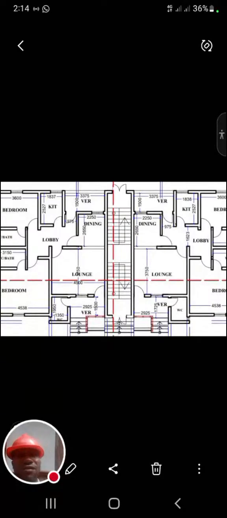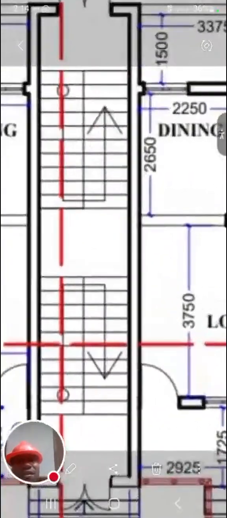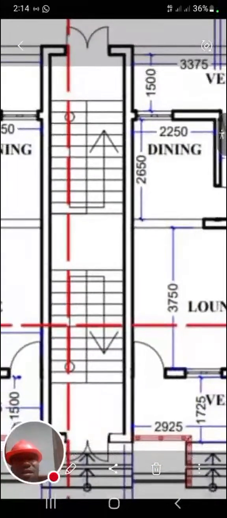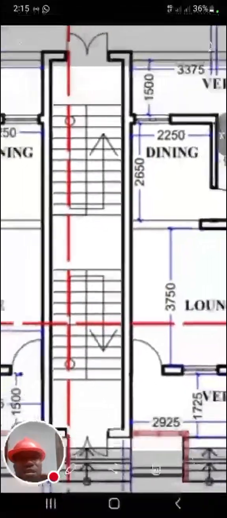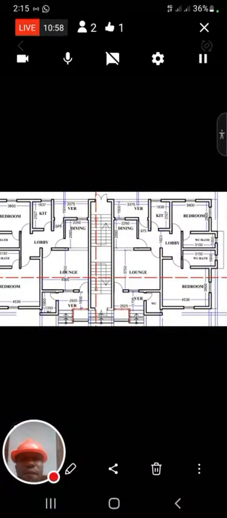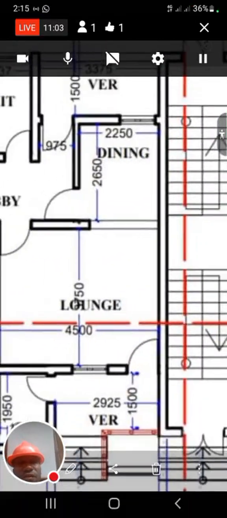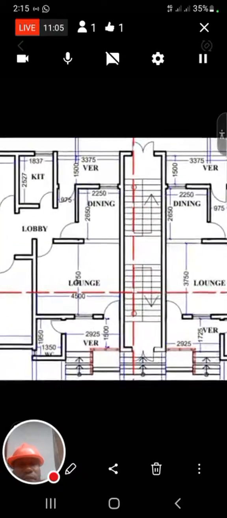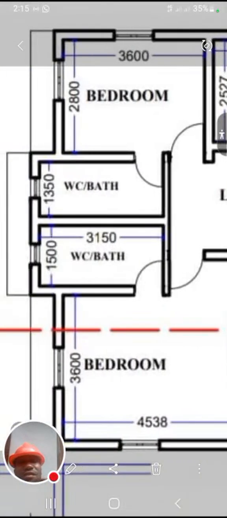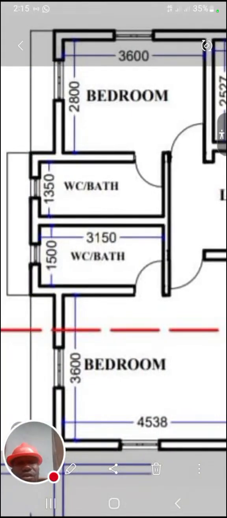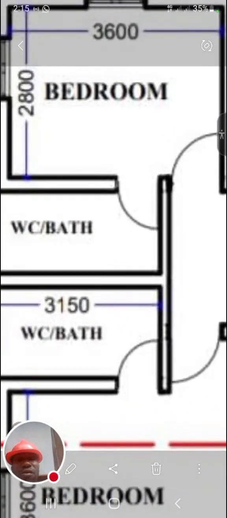It functions as a single unit structure. Do you understand me? This is the sign of a staircase. Hope you can see it. These are the utilities. This is the staircase as I have zoomed it. This is dining. This is the lounge. So these are the things you have to understand, the utilities. This is the bath. This one is meant for this bedroom, and the other one is meant for this bedroom.